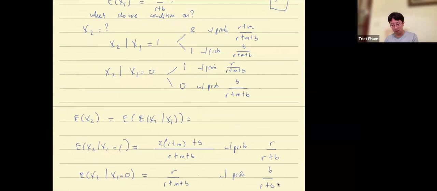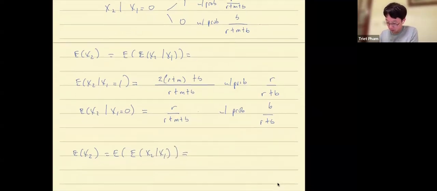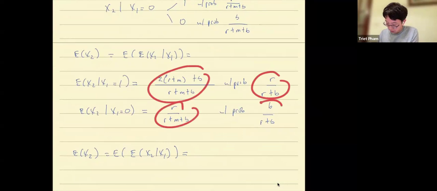So overall, what is this expectation? You get this times this plus this times this.